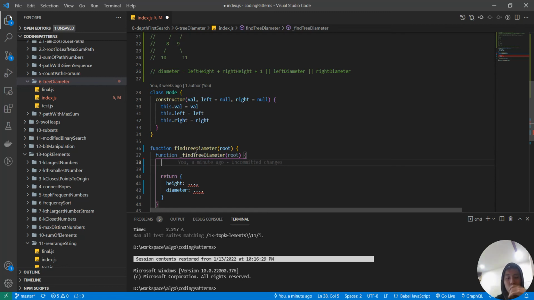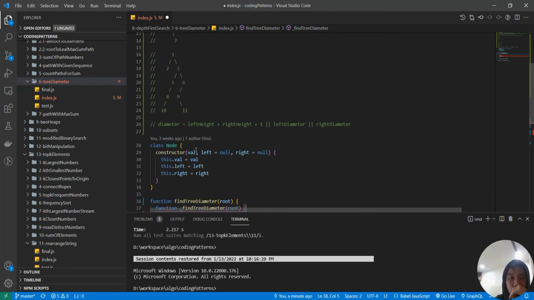So the height of the tree will be the maximum height of the left and right.